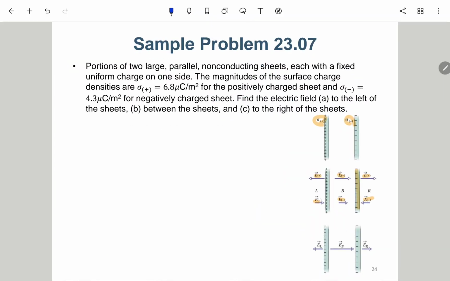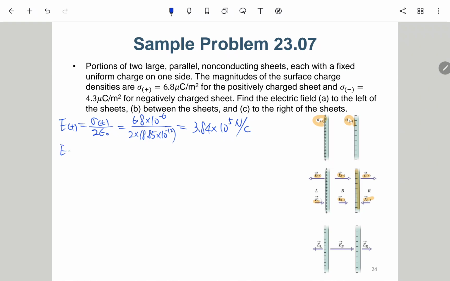Okay, so first we calculate E plus as sigma plus over 2 epsilon naught, because it generates field on both sides, so we have this 1/2 factor. So this is 6.8 times 10 to the negative 6 over 2 times 8.85 times 10 to the negative 12, which is 3.84 times 10 to the 5th Newton per Coulomb.